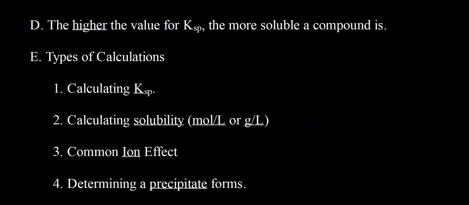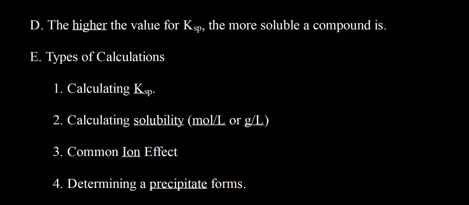Or the amount of the substance in grams that can dissolve per liter of solution. We'll also look at something known as the common ion effect, and then we will be able to use Ksp to predict if a precipitate will form if you mix two solutions.